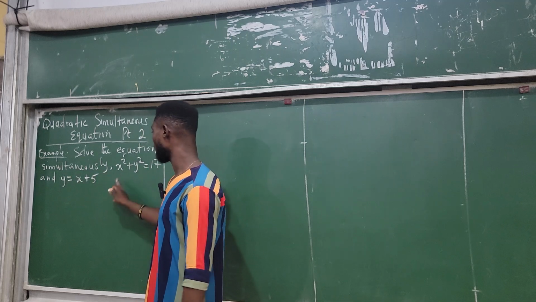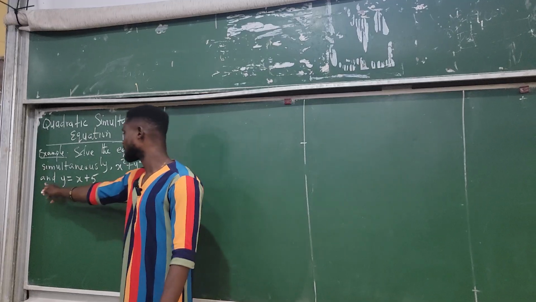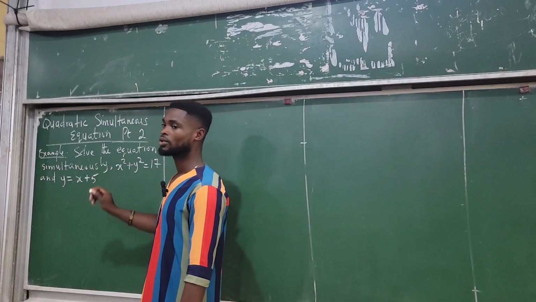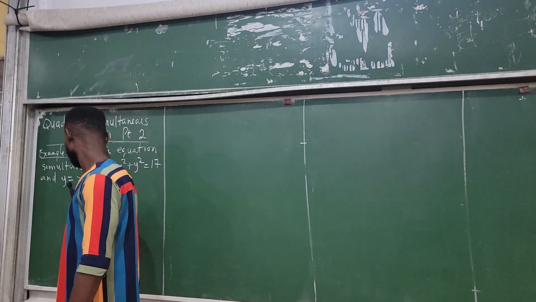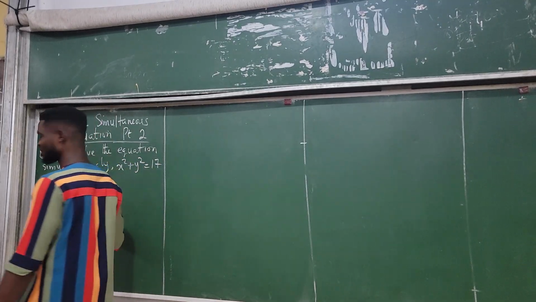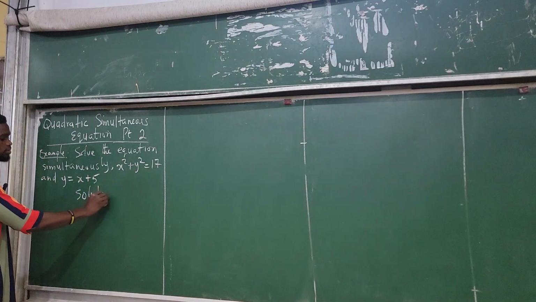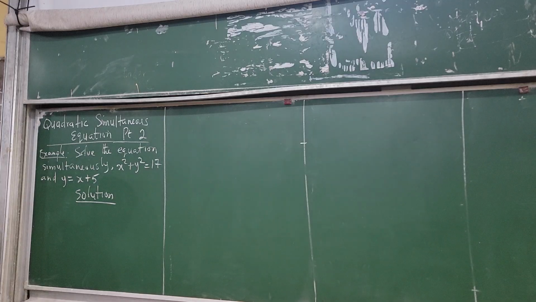And the equation is what? X squared plus y squared is equal to 17, and y is equal to x plus 5. So let's solve it. So first of all, you take your solution.